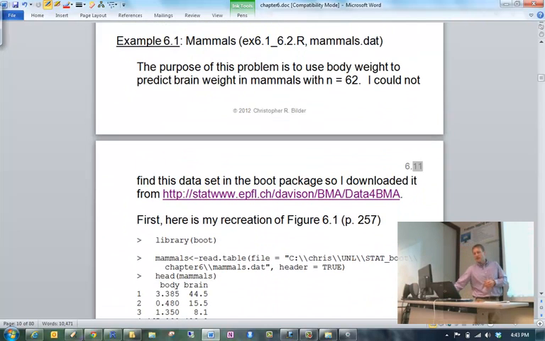Okay, so let's finally now get to an example so we can try some of this stuff out. I'm just going to try to reproduce the example that's in the book. It involves the mammals data set, where what we want to do is predict the brain weight of animals, or mammals, based upon their overall weight.